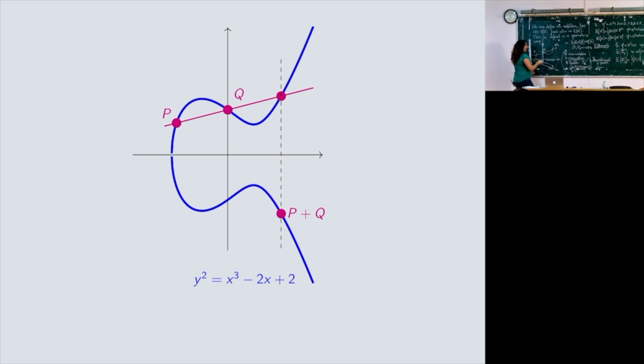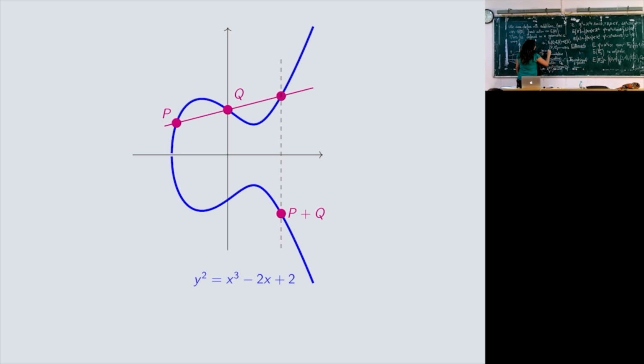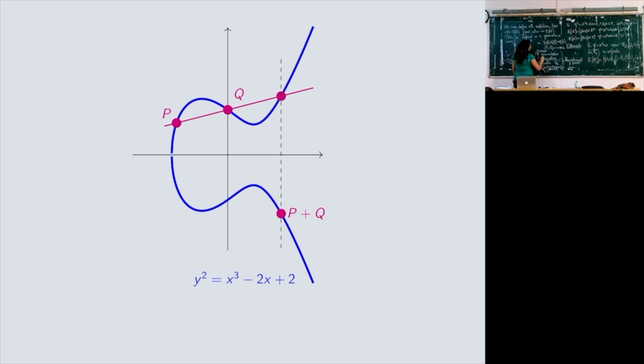For every element there is an inverse. So for every P, there exists minus P such that minus P plus P equals my identity.